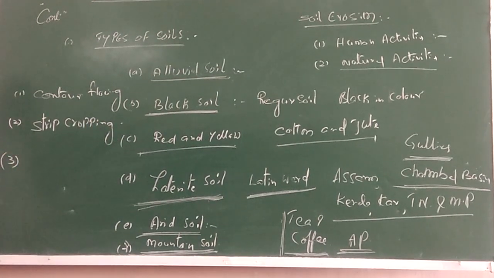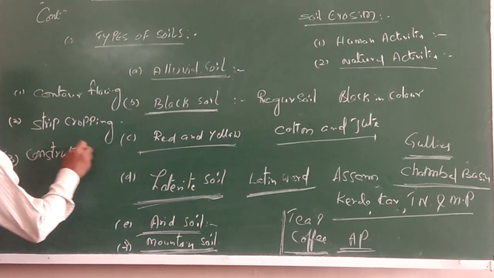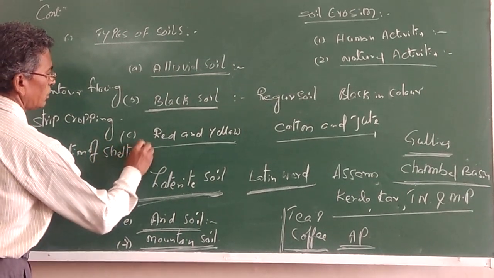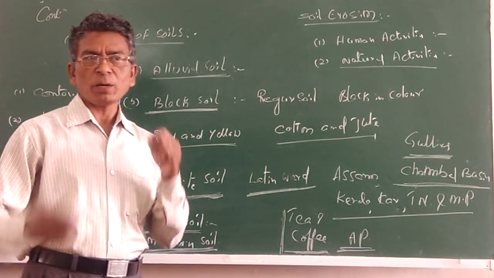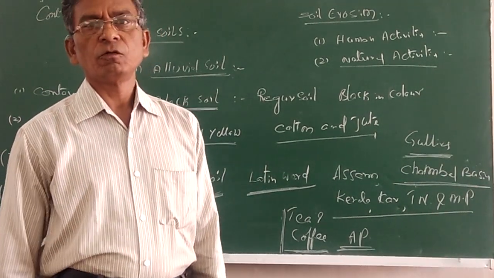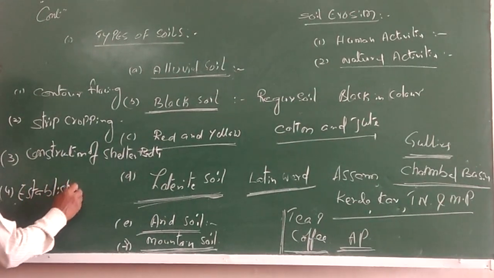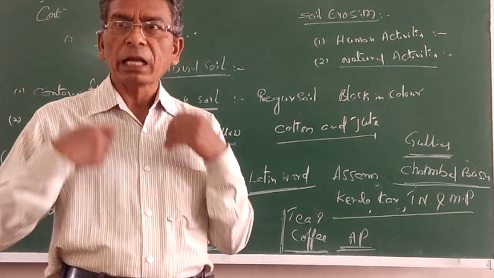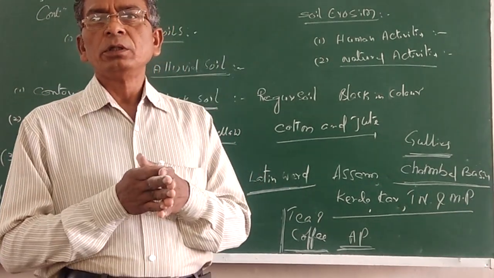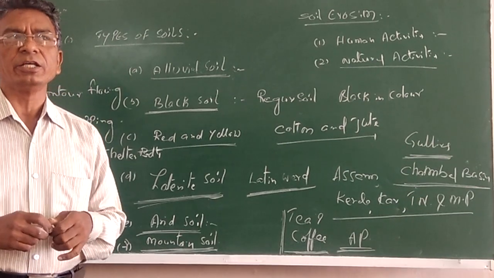Third one is construction of shelter belts. And fourth one is establishment of sand dunes. These are the 4 methods which can be applied to conserve soil and stop soil erosion, especially in the hilly region.